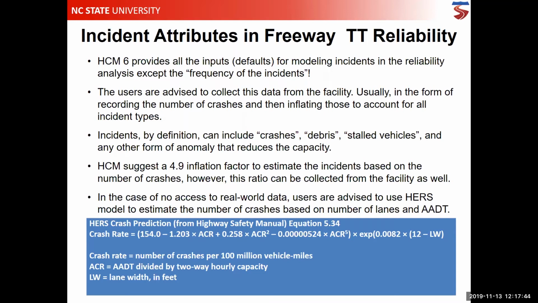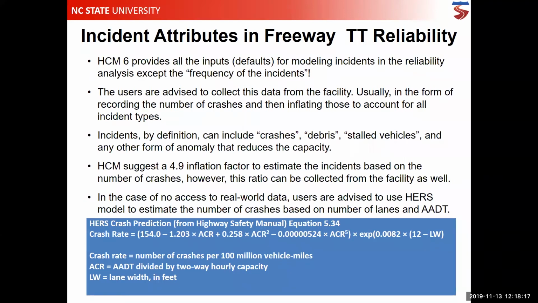How are we dealing with freeway reliability when it comes to incidents? We do provide defaults, although the best practice is to always try to use incidents from the facility itself. In North Carolina, we have a website where we record all the incidents and their characteristics, their location, how long they last, and this data is very critical in terms of calibrating our model.